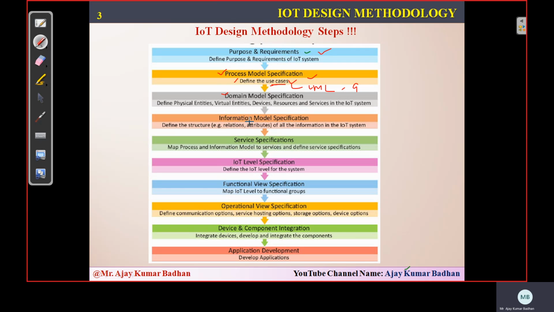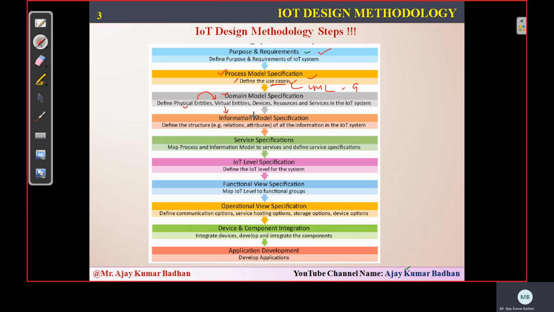And then we need to describe the domain model, what domain we are going to work on. In the domain model, we have something called physical entities, meaning what components we are using physically in order to perform the operation. And every physical entity will have a virtual entity, that's for sure. This virtual entity is a digital representation of your physical entity.